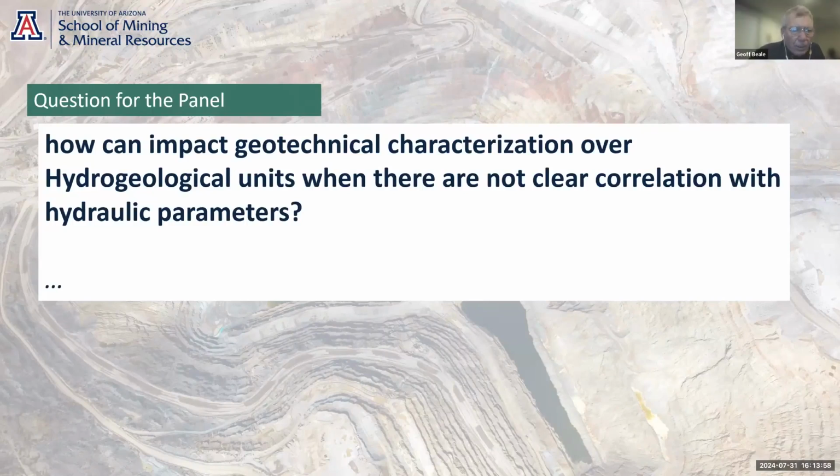I'm trying to understand the question. I think how would a geotechnical characterization be impacted if you do not have clear correlation with the hydraulic parameters? I'm reading this as that you're measuring. And what might you do about that situation?